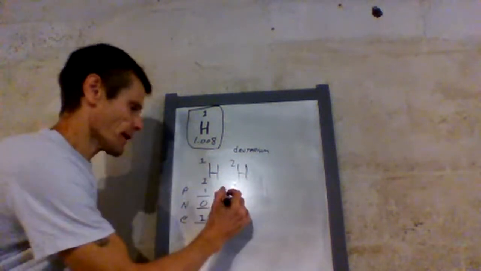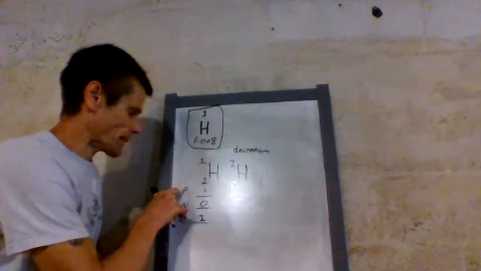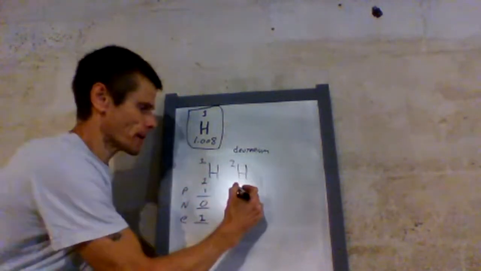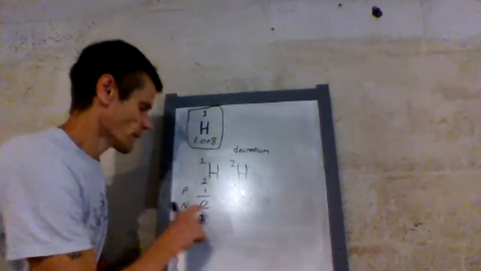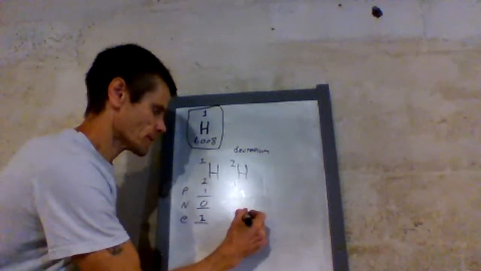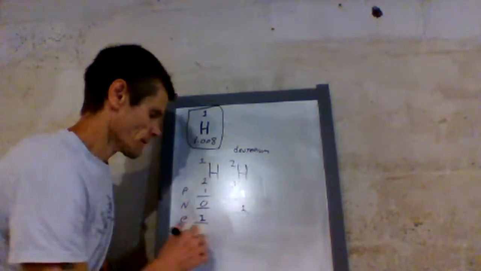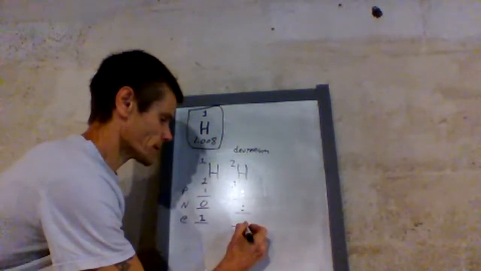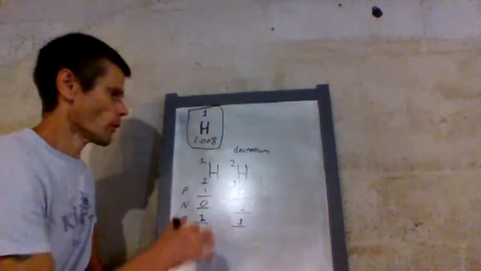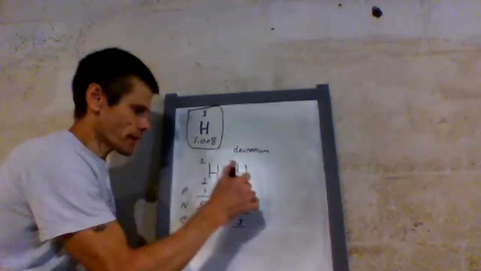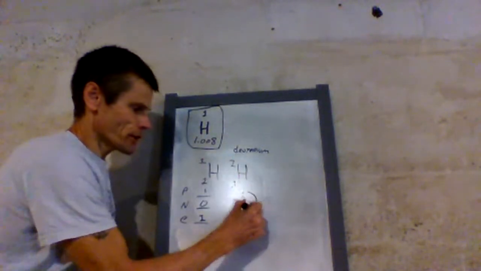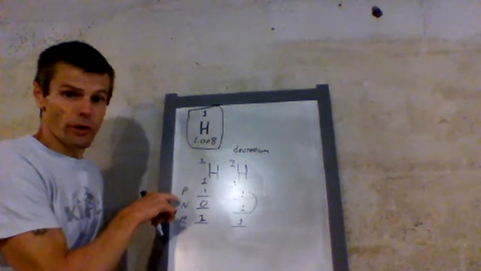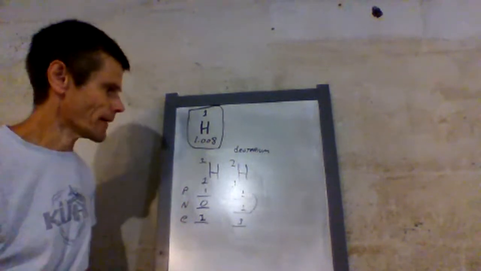So let's keep our table. The number of protons is the atomic number. It is 1. The number of neutrons is 1. And since it's a neutral atom, it has 1 electron. So this mass number here is the combination of these two, the number of protons and the number of neutrons. And that's deuterium.